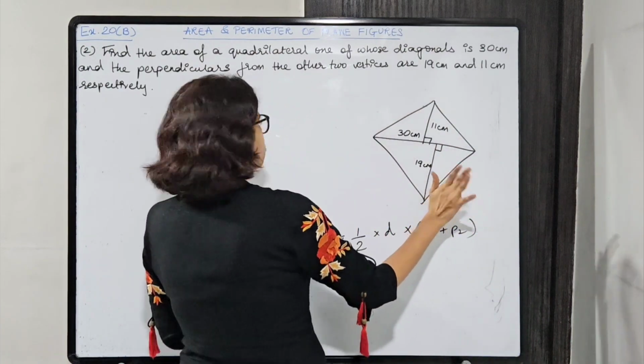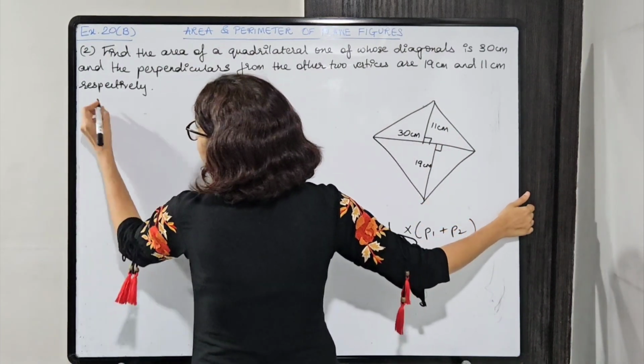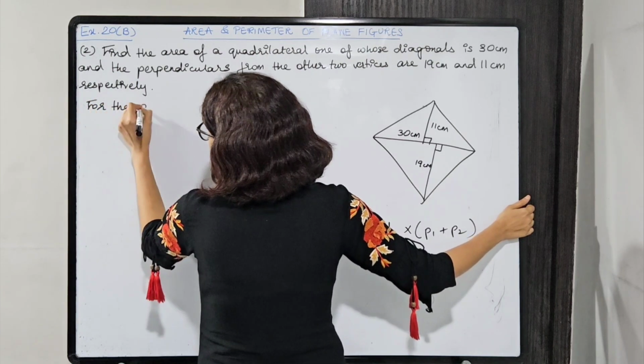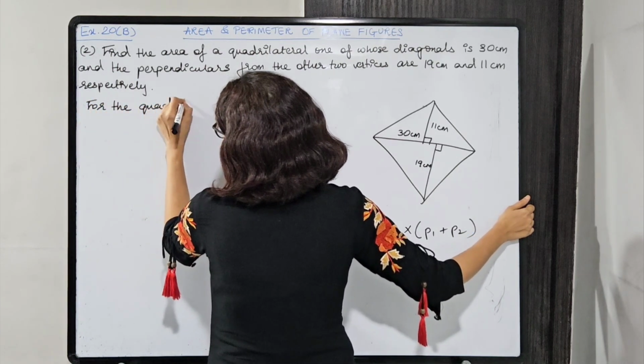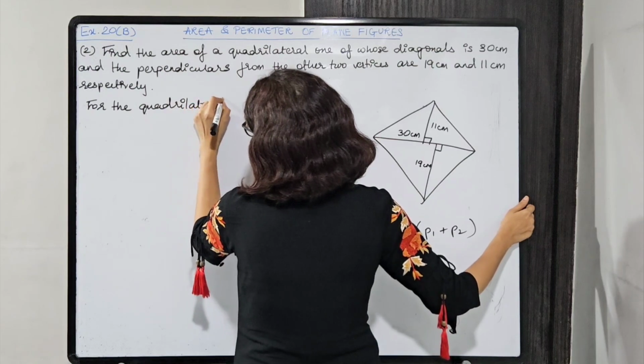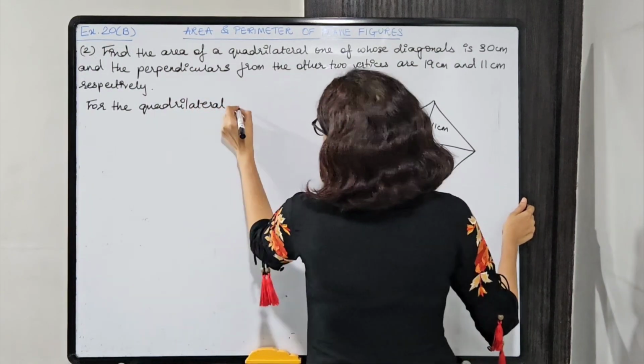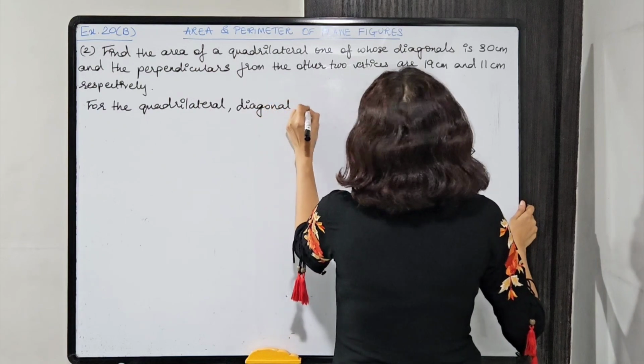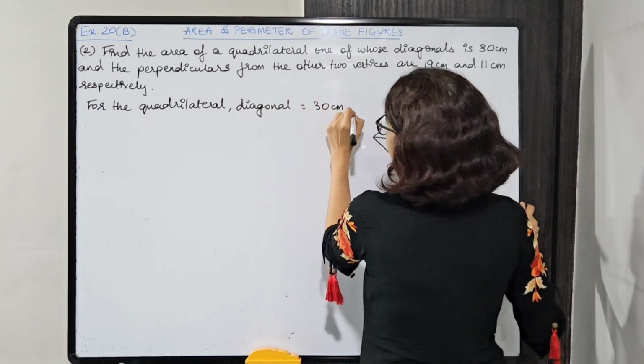Diagram is not required, students. Okay, directly formula apply करना है. तो पहले given लिखो. For the quadrilateral, diagonal is 30 centimeter.